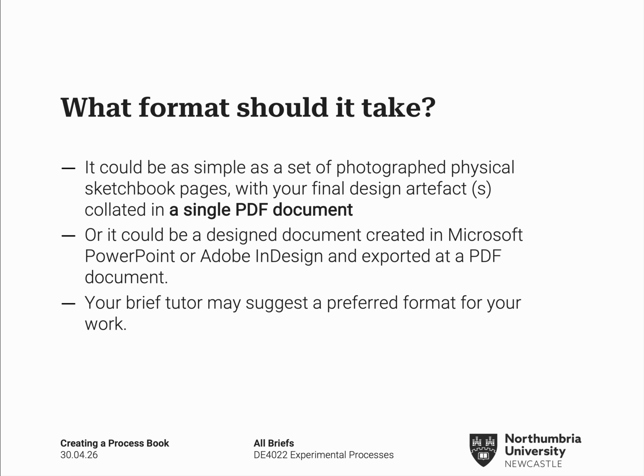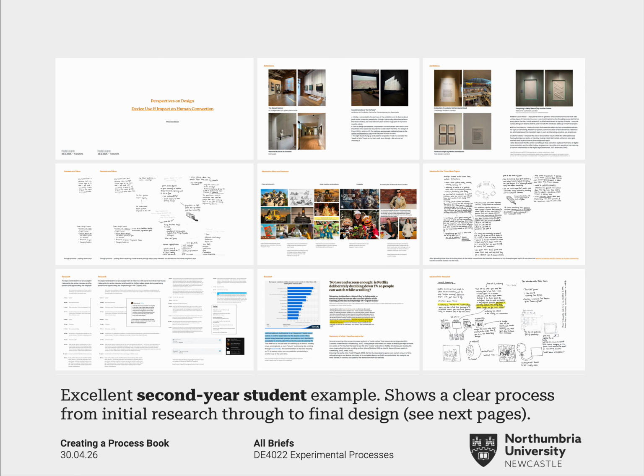I'm now going to show you a couple of examples. Just as a pointer, these are second year student portfolios. This one is an excellent example, and it shows a clear process from the initial design research through to the final design. And just note that the style of the actual process book is really simple.